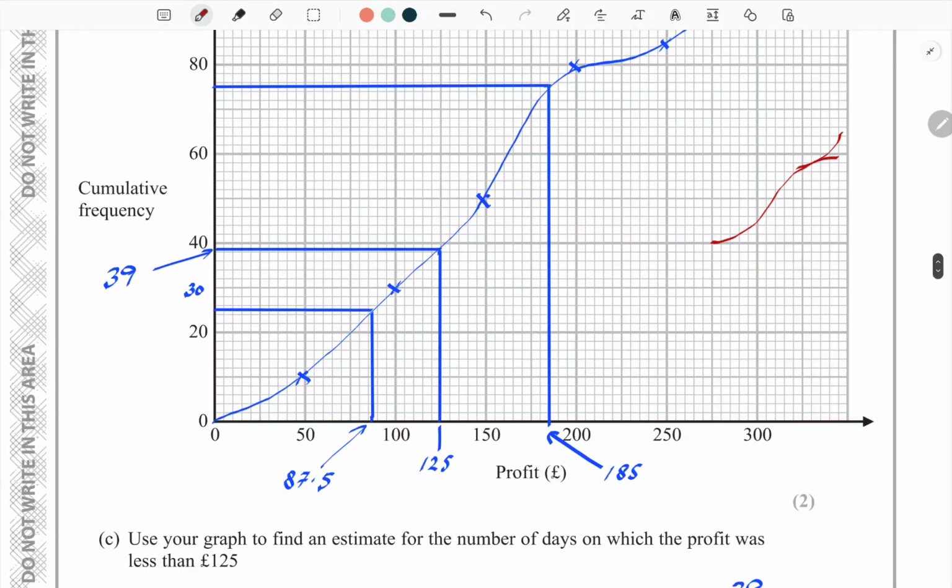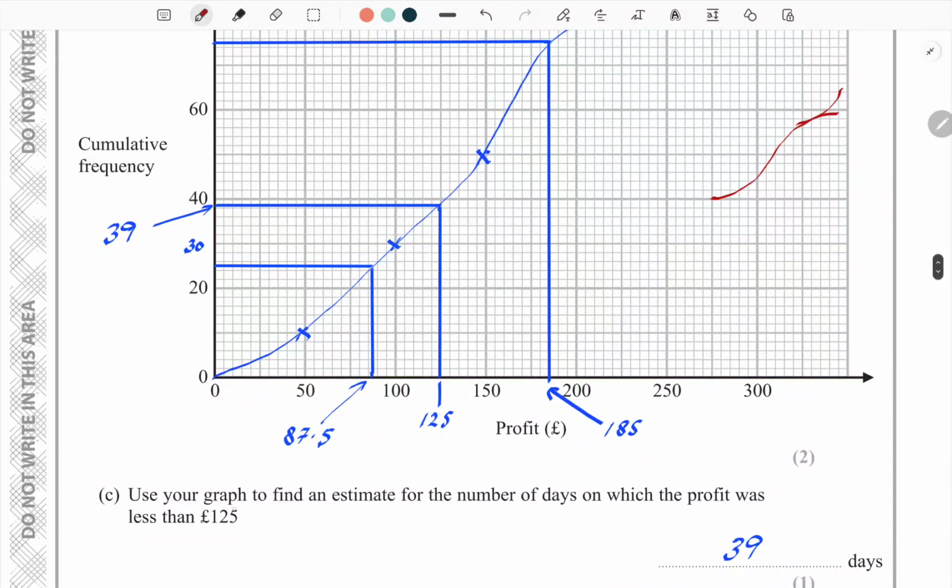So having done the graph, they're saying use your graph to find an estimate for the number of days. Again, it's an estimate. Number of days on which the profit was less than 125. So there we are, all right, 125 or less. So I want everything on that side there.